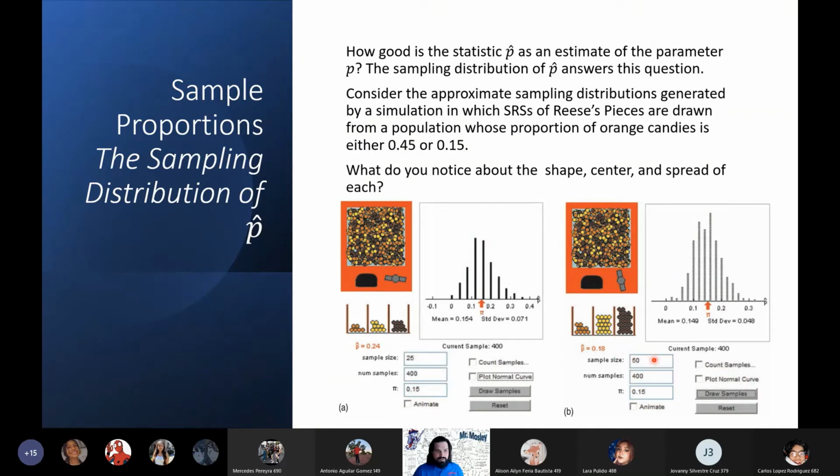Obviously, as we get a larger sample size, we get less spread and a little bit more accurate p hat than we did in the smaller sample size. All right, so viewing the distribution helps us answer: is the statistic a good estimate of our parameter?